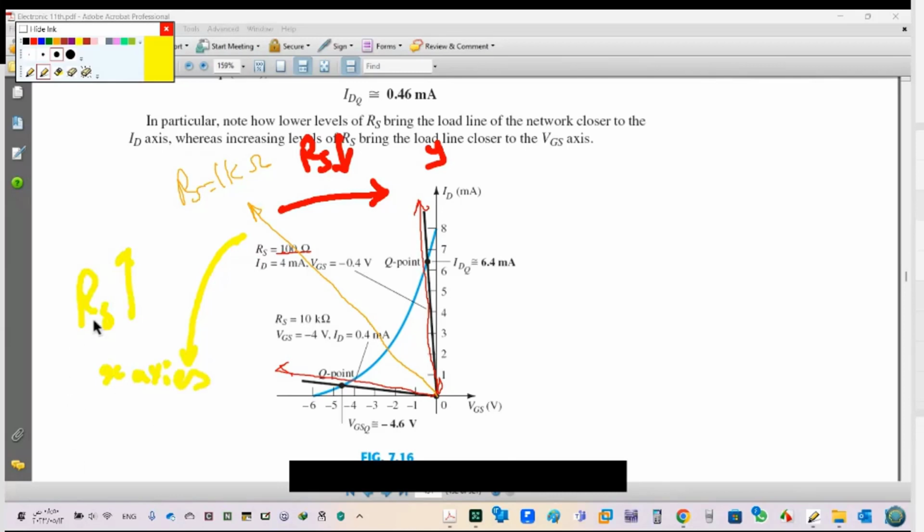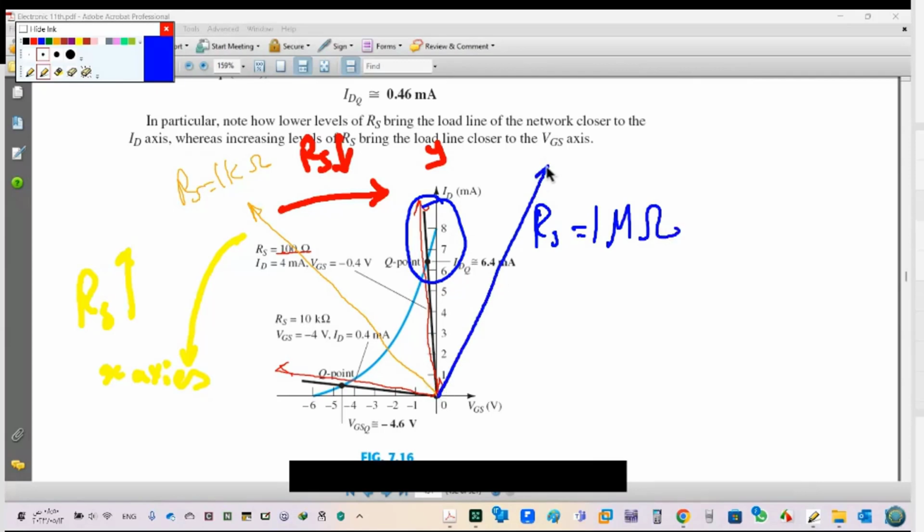So what does that mean? That means, take care of this. There is a limit for RS. If I increase, for example, RS to be 1 mega ohm, maybe my line will be out here. So this is not working.